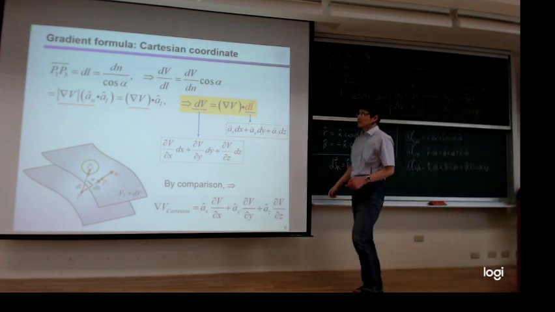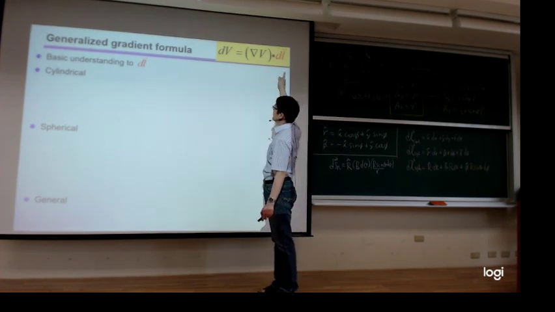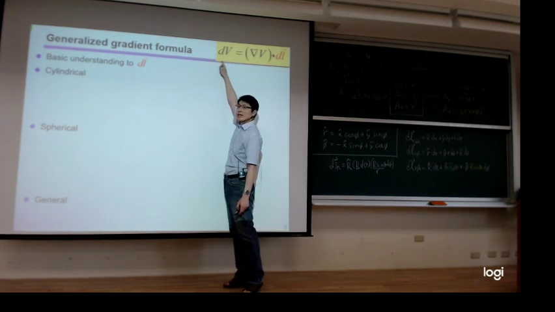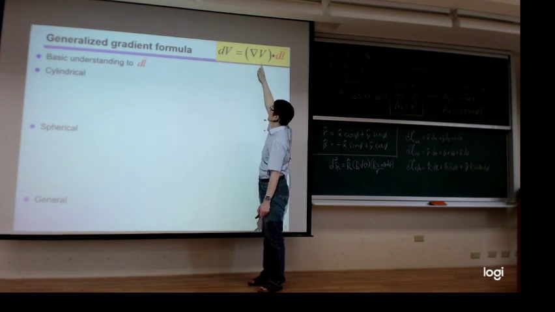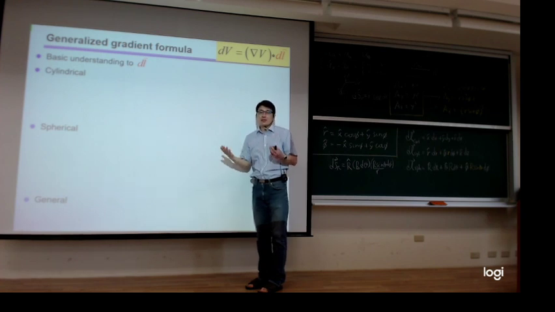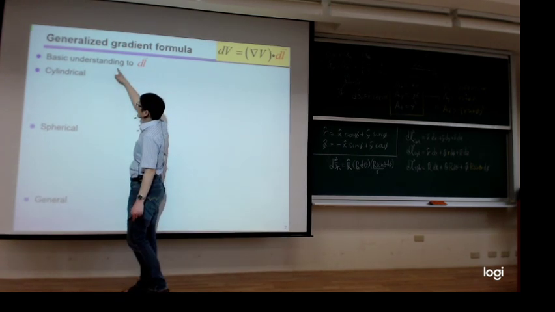Okay? So this is the basic formula we're using. The change in my scalar function is the gradient making a dot product with my chosen path. The path, the differential length, is also a vector. So this relies on your basic understanding of dl.